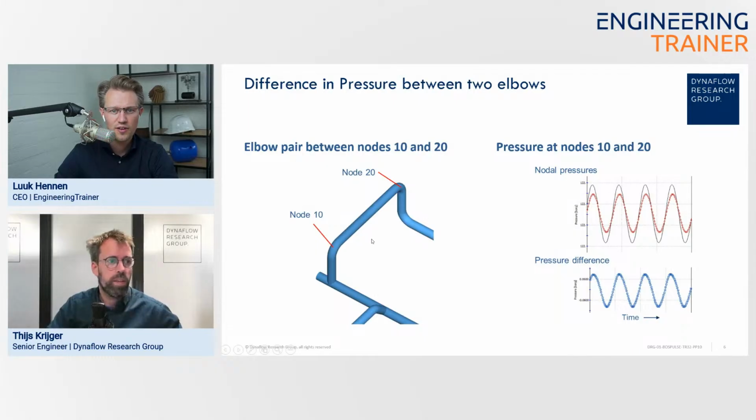So if we look at this example of a piece of piping, where we look at the pressure at node number 10 and node number 20, they could match with, for example, the black line for node number 10 and the red line for node number 20. Then you see both of them fluctuate over time.